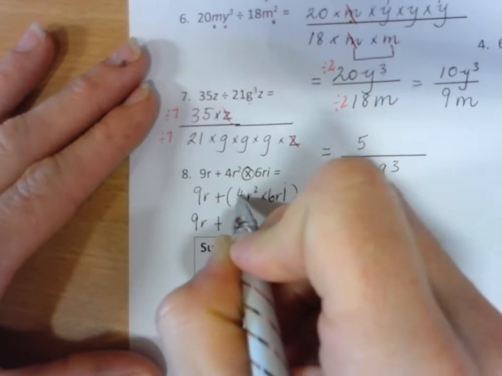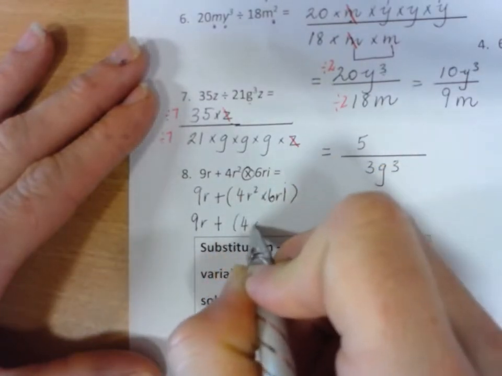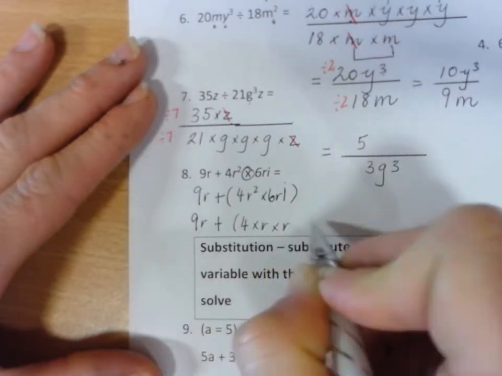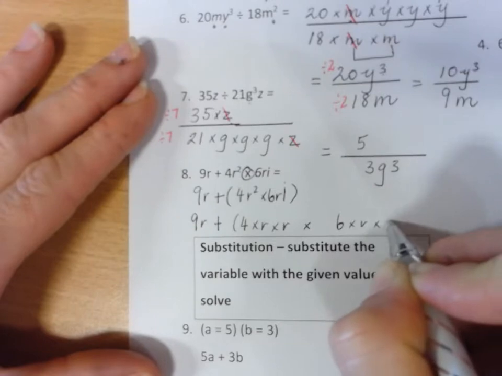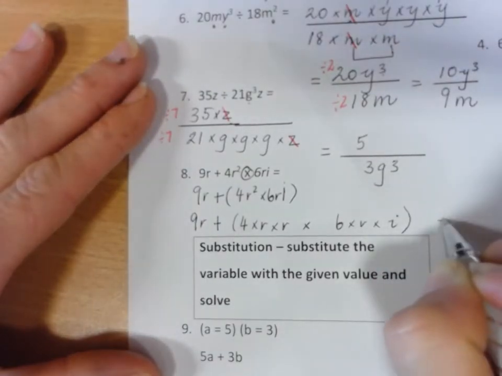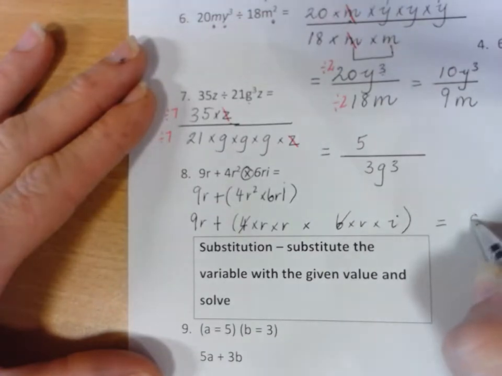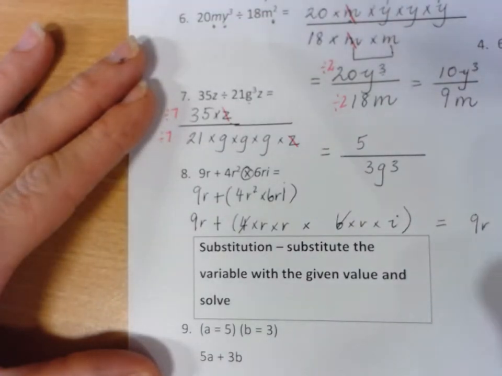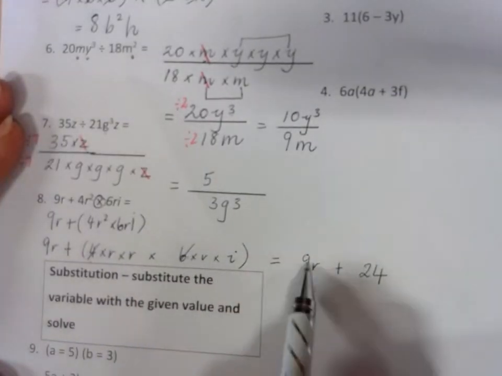Now remember what we do is we say 4, well we could really spread this out as 4 times r multiplied by 6 times r times i. Okay, so now we go 4 times 6, we still get our 9r plus. 6 times 4 is 24.